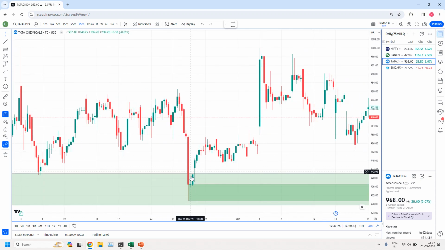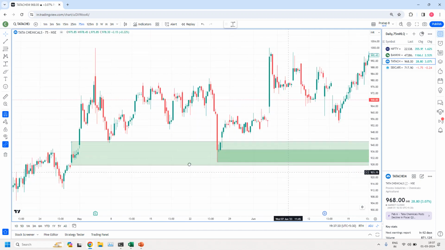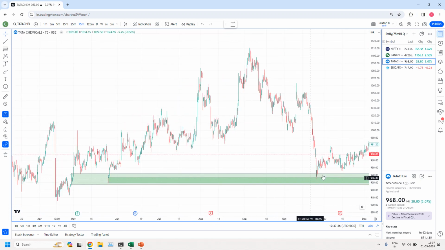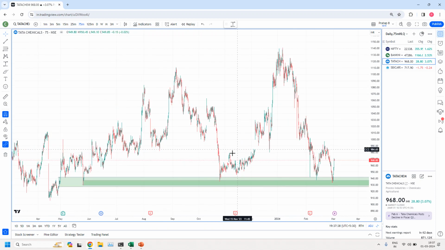And inside, one more 75-minute zone is created: drop, base, rally. And this 75-minute LOTL is acting as high liquidity again. The real order flow is starting from here. See here, multi-testing. The entire 75-minute zone is high liquidity, and the LOTL inside it is also acting as high liquidity.